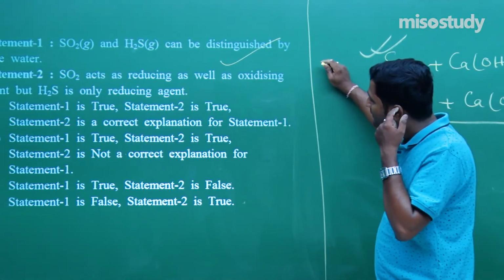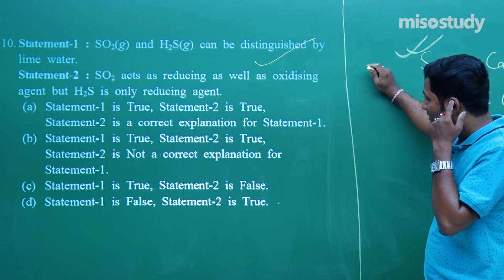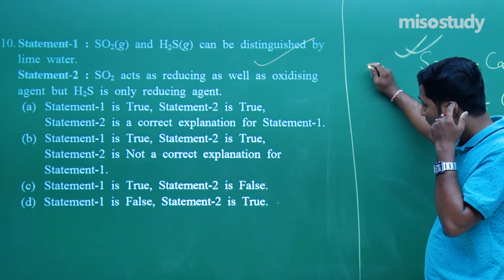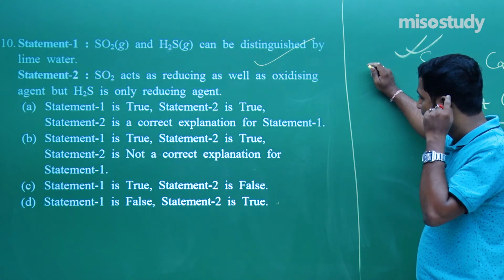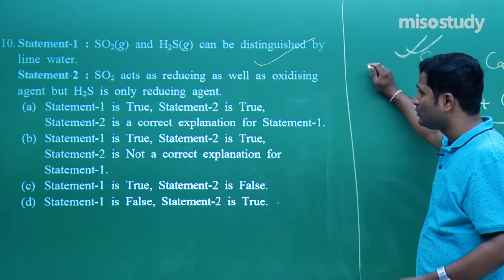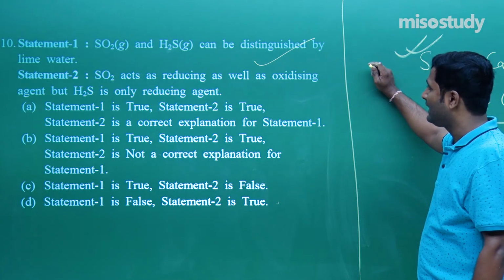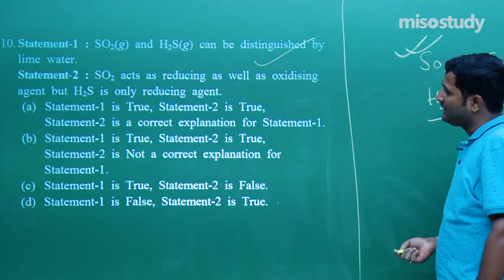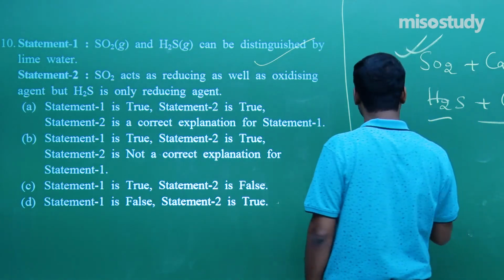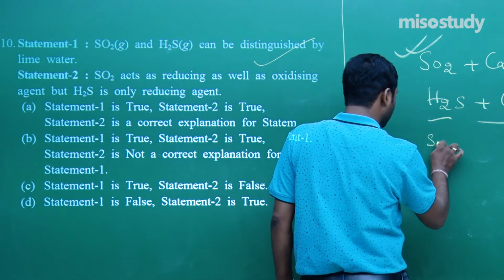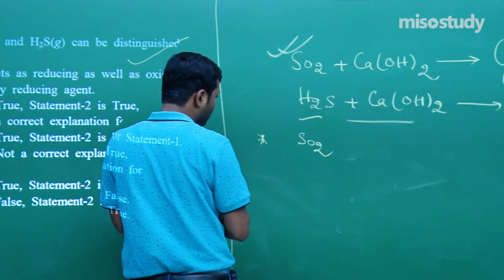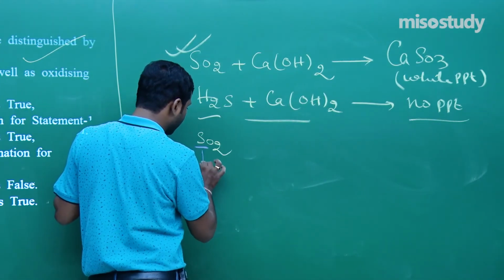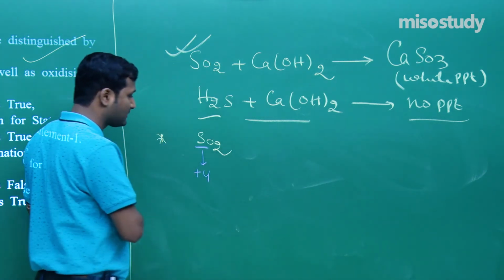Okay, now the next one. SO2 acts as a reducing agent as well as an oxidizing agent, but H2S is only a reducing agent. Check it out. If I talk about the oxidation state of sulfur in SO2, it is +4.